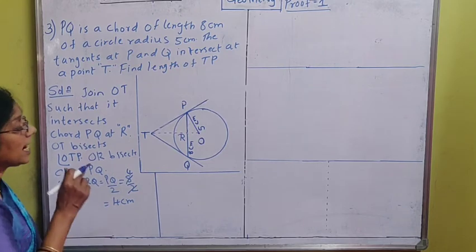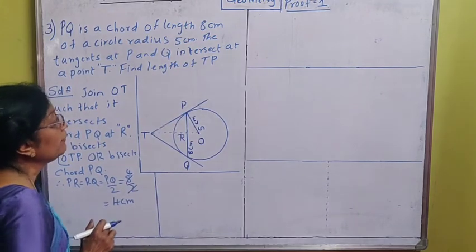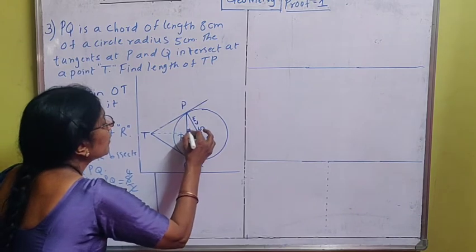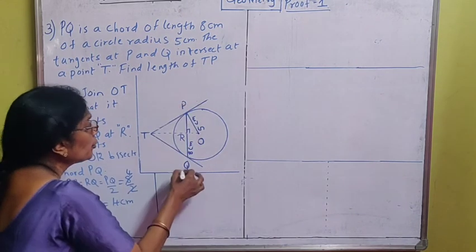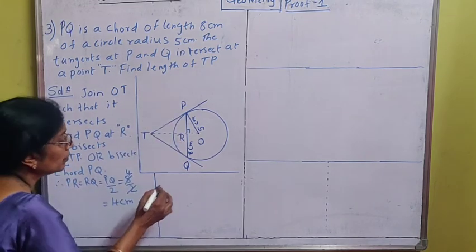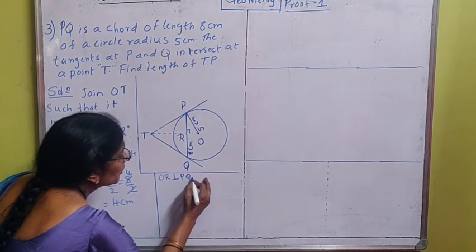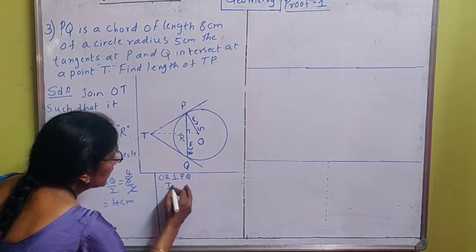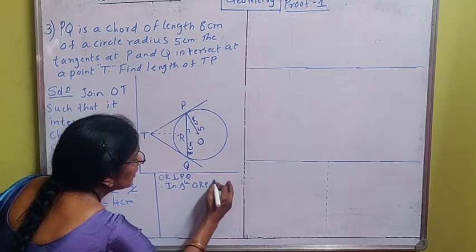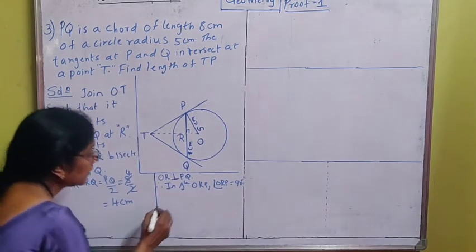Now we have to find out the length of OR. We know that triangle ORP is a right angle triangle, because OR drawn to PQ is perpendicular to PQ. So OR is perpendicular to PQ. Therefore, in triangle ORP, angle ORP is equal to 90 degree.